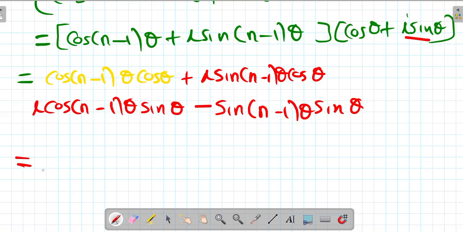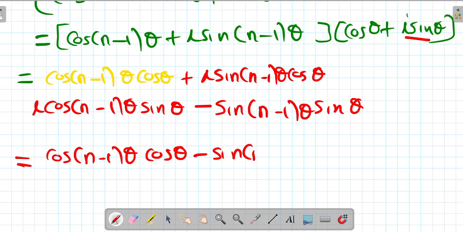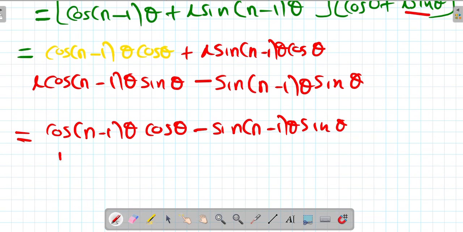So if I were to group the real terms together, I'm going to have cos theta, then I'm also going to have minus sine (n minus 1) theta sine theta. Okay, and then this is going to be added to the imaginary terms, so I'll factorize by i.